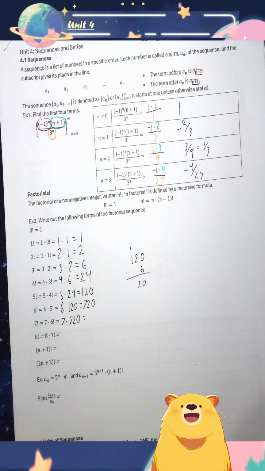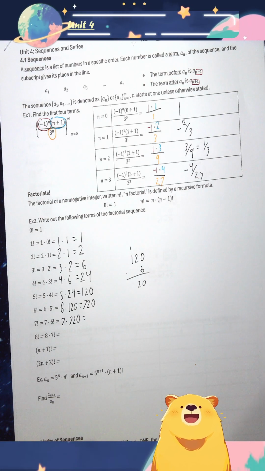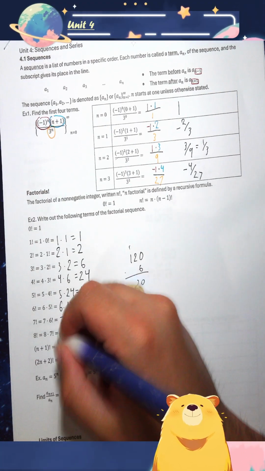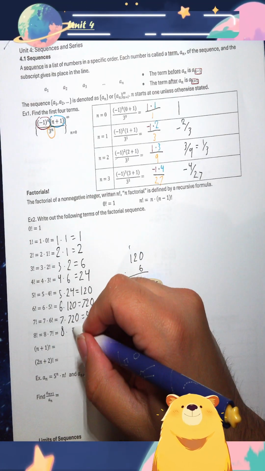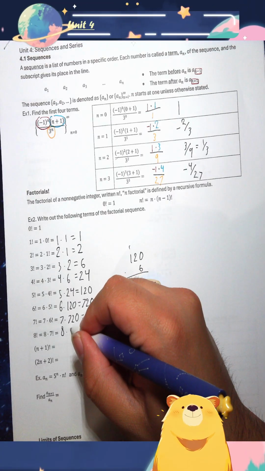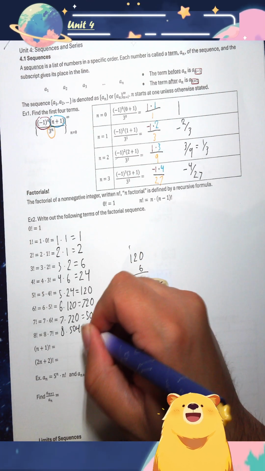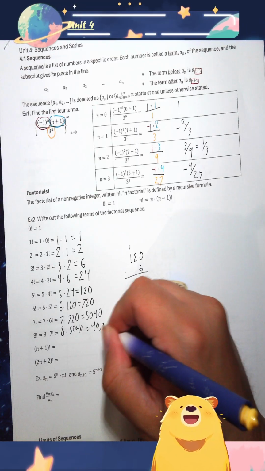All right, let me put on the calculator. 7 times 720 is 5,040. 8 factorial is 8 times 7 factorial, which is 8 times 5,040. So we get about 40,000.